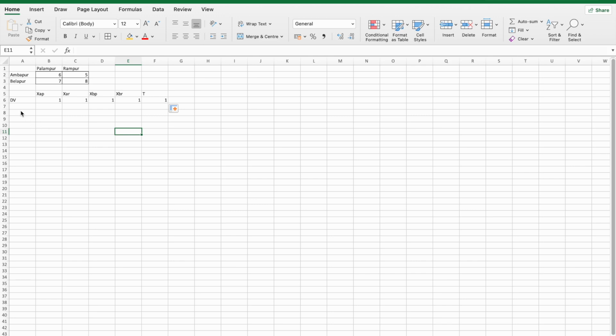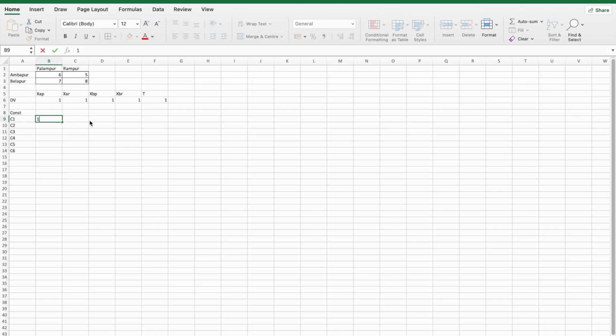Now talking about the constraints, here we have six constraints.